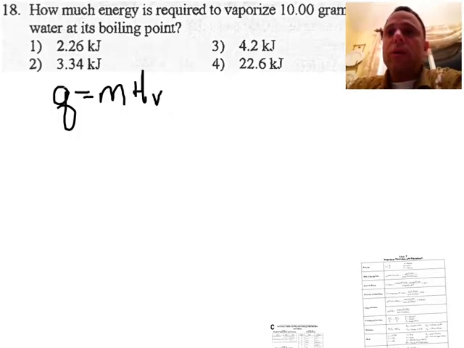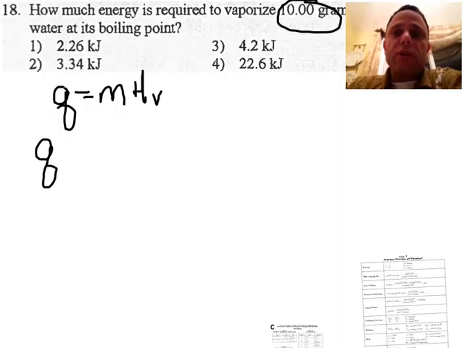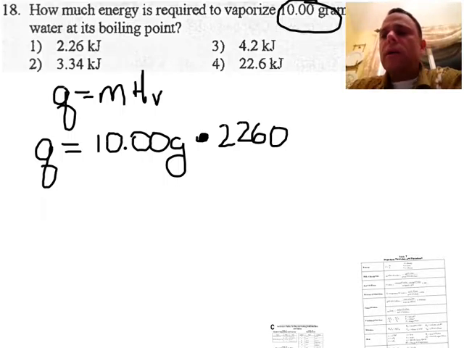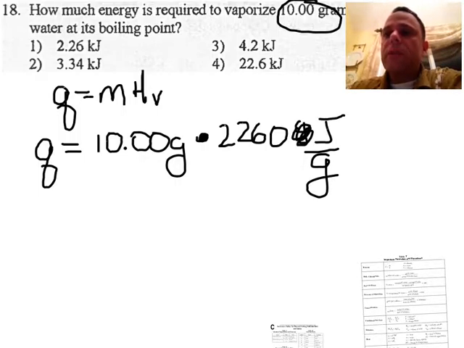Once again, Q is equal to mHV, where we know what the mass is and we know what HV is. So it becomes Q is equal to 10.00 grams times 2260 joules per gram.